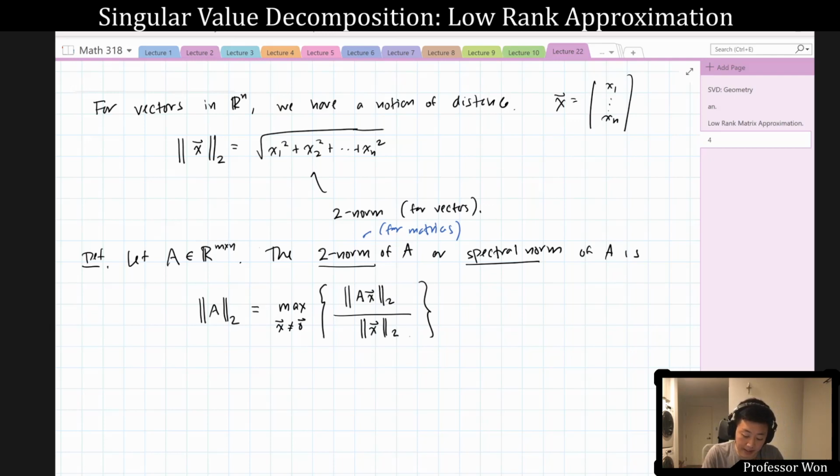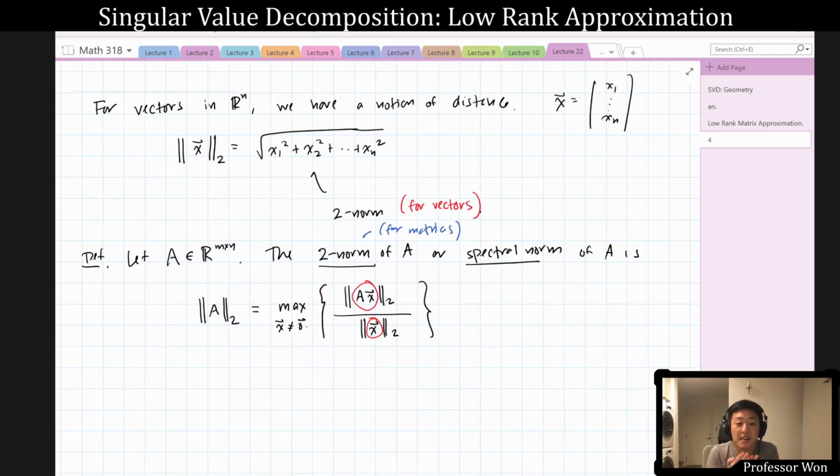Okay, the point is that these things, let me use some colors here. These things are vectors. So I really just mean the Euclidean norm. So what am I doing? I'm taking every vector in Rn, and I'm multiplying it by A, and I'm seeing how A changed the length of x.